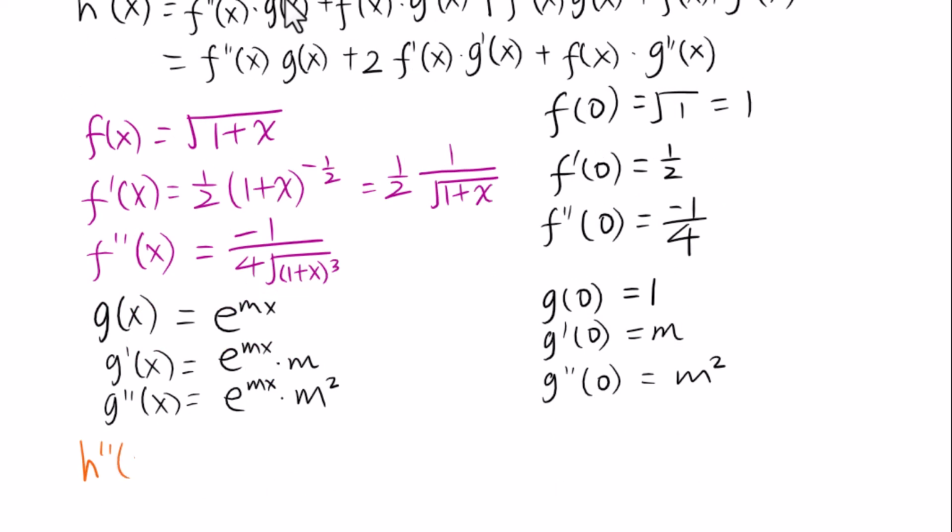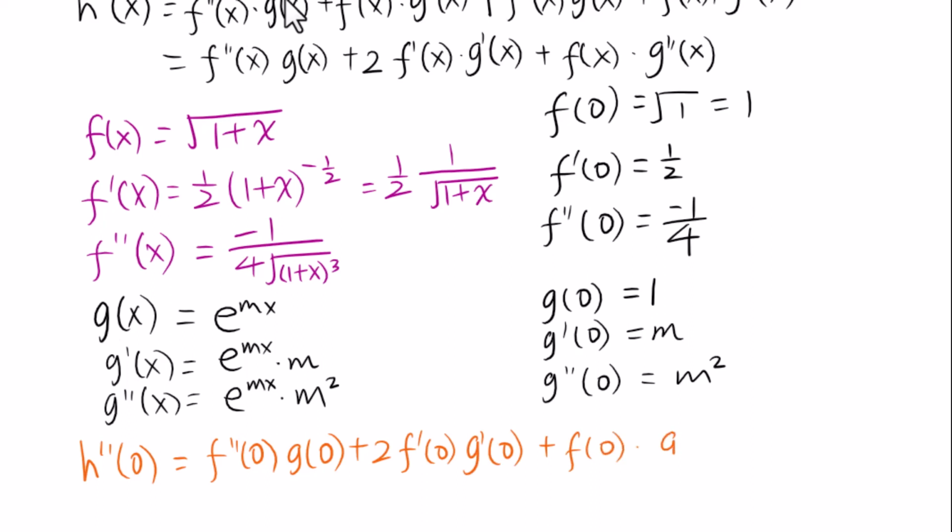Therefore, h double prime of 0 equals f double prime of 0 times g of 0, plus 2 f prime of 0 times g prime of 0, plus f of 0 times g double prime of 0.